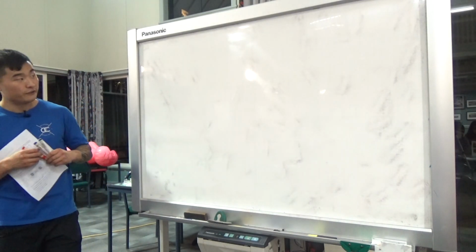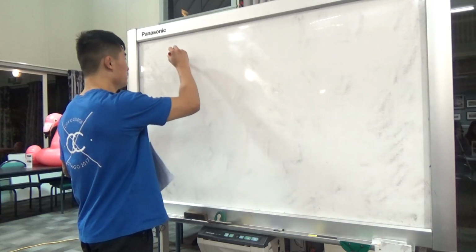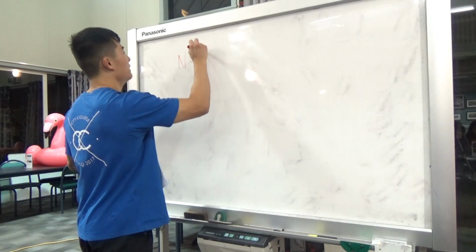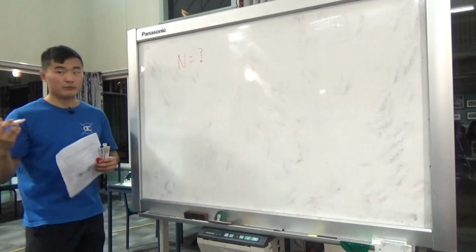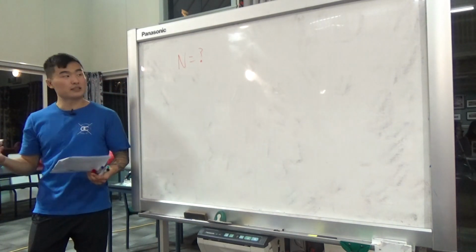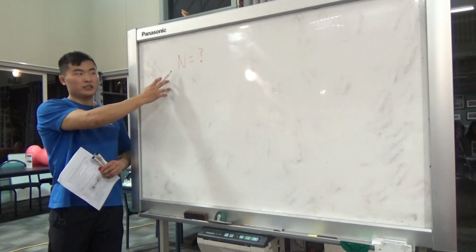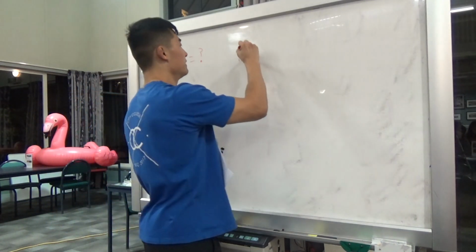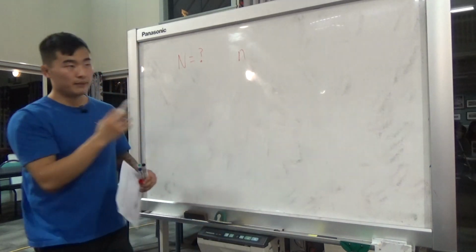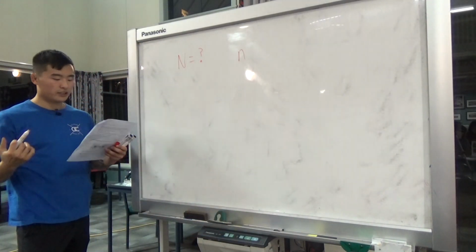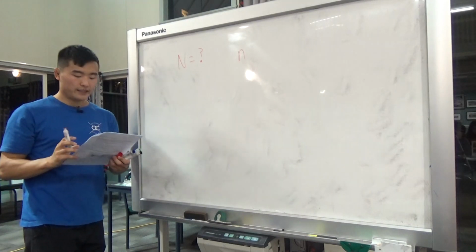What you need to do is find out the number of molecules that we had, and then once we have the number of molecules, we can convert that into moles. Remember that big N is the number of molecules, and little n is the number of moles. So don't get confused. They're two different things.